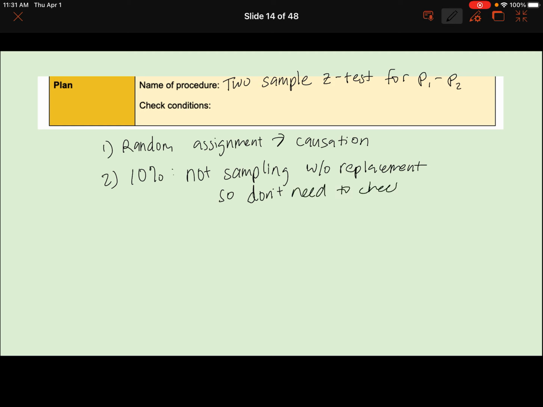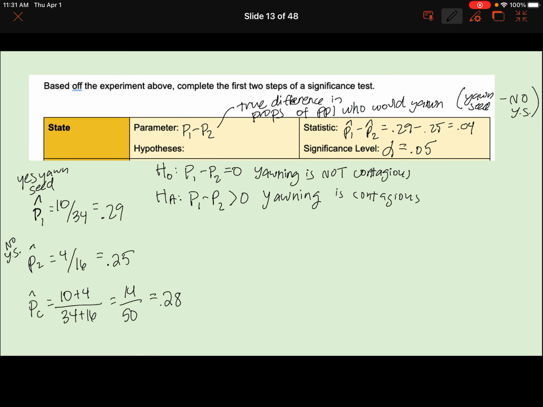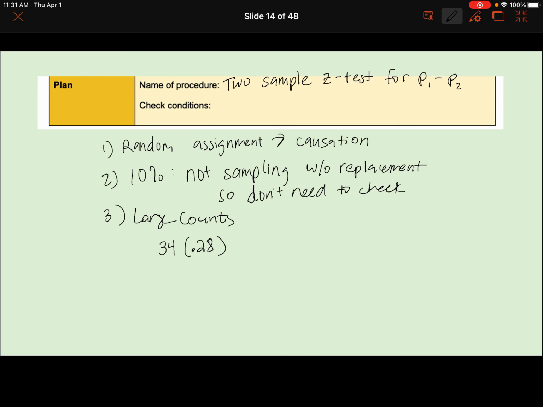And then last part, the large counts. Okay, so there's a few different things we have to show here. I'm going to take my first sample size and multiply that by my combined proportion, which was 0.28. That's what we got over here. I'm also going to take my first sample size and multiply by 0.72. These numbers just add up to 1, so to get the 0.72, I did 1 minus 0.28.